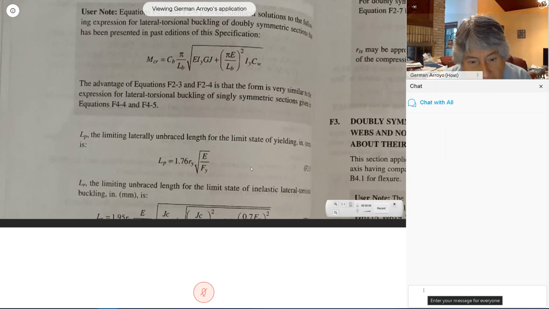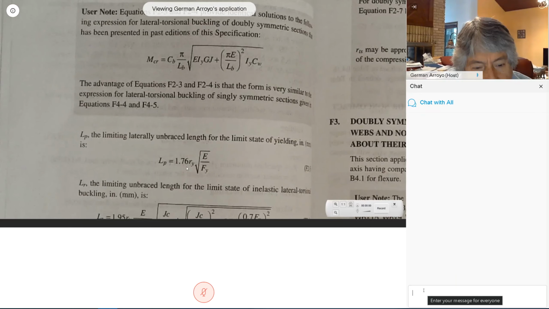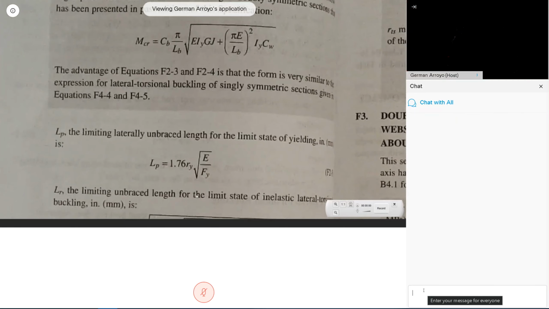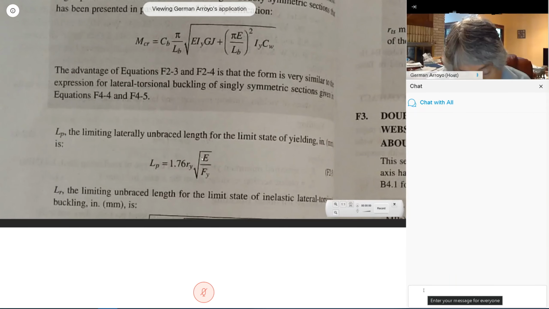And this equation, don't forget to divide this by 12. If you are the owner of the code, write with ink 12 in here. If you borrow the code, with pencil, write a 12 in here. So this is one of the most common mistakes. But like I said before, this is given in the code for standard sections.